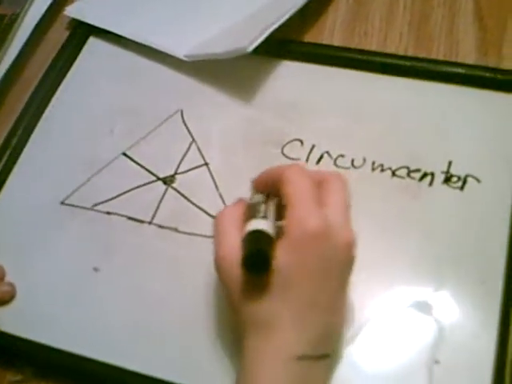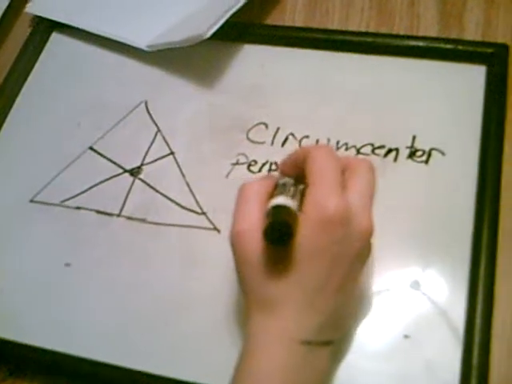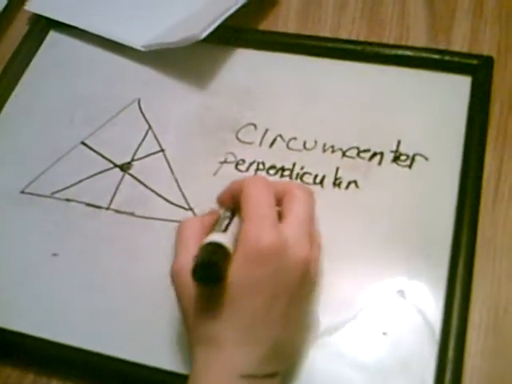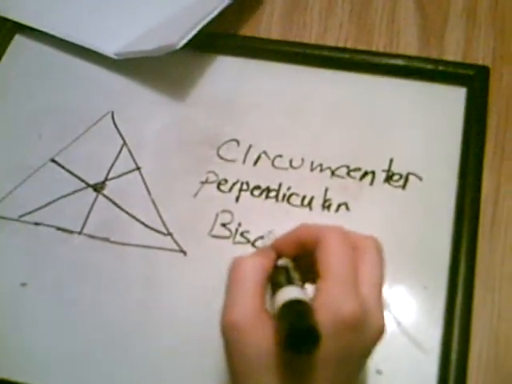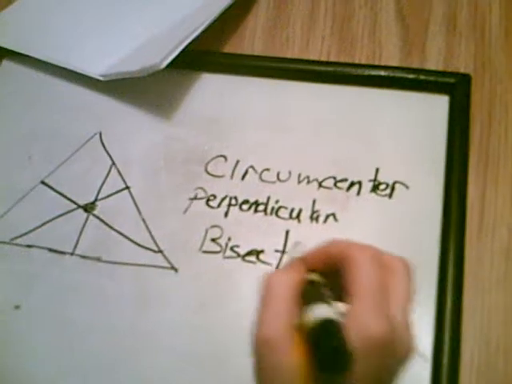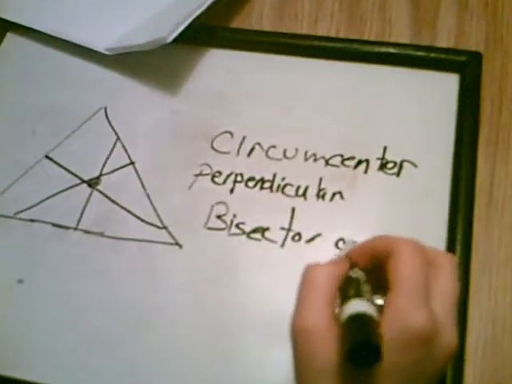And that's the perpendicular bisector concurrency.